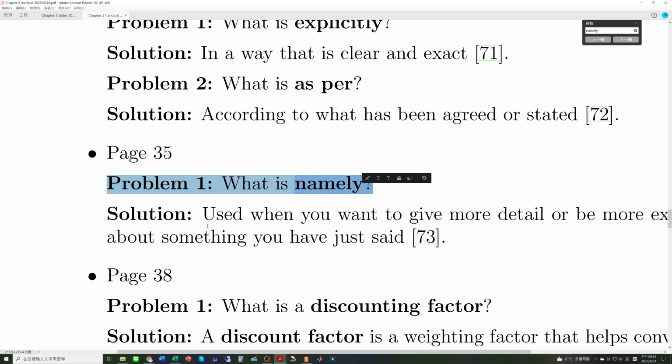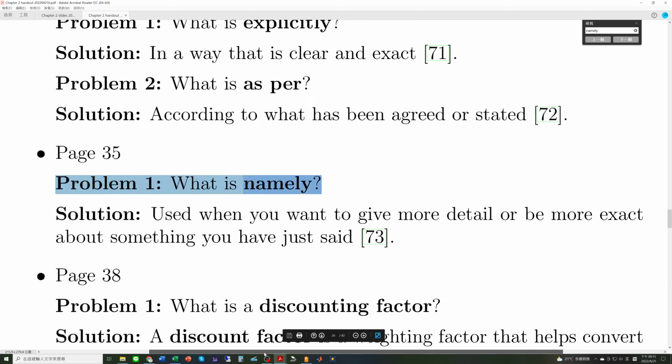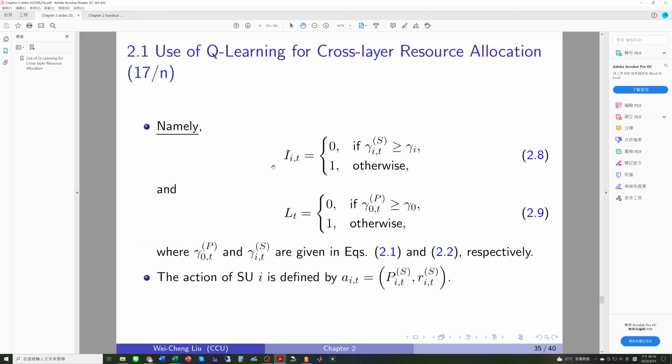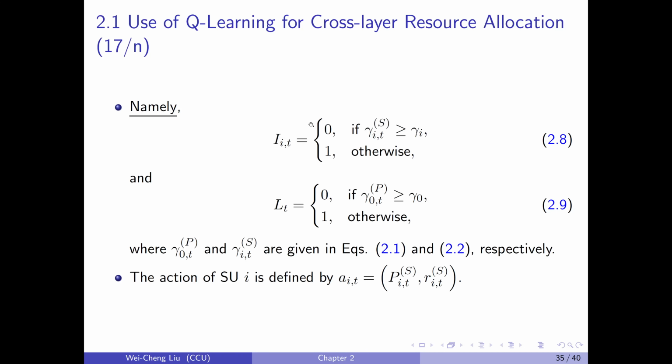What is "namely"? Solution: used when you want to give more detail or be more exact about something you have just said. Okay, so let us go back to the slides.